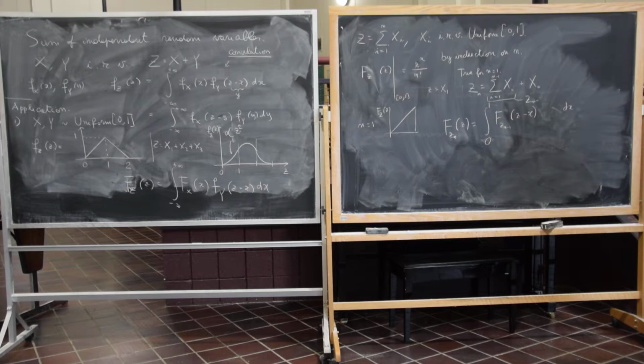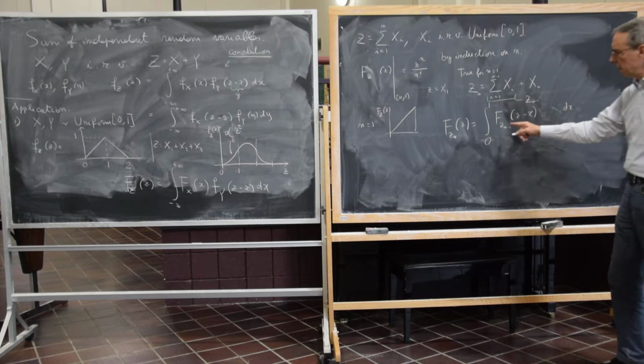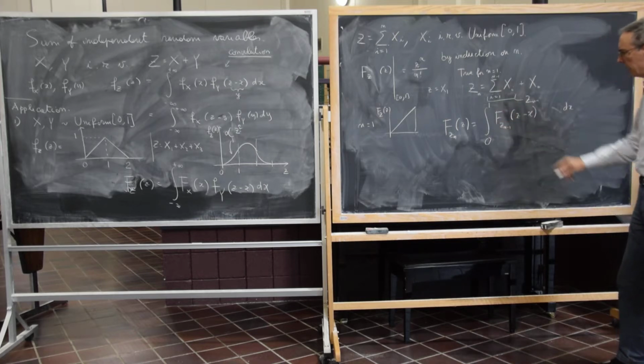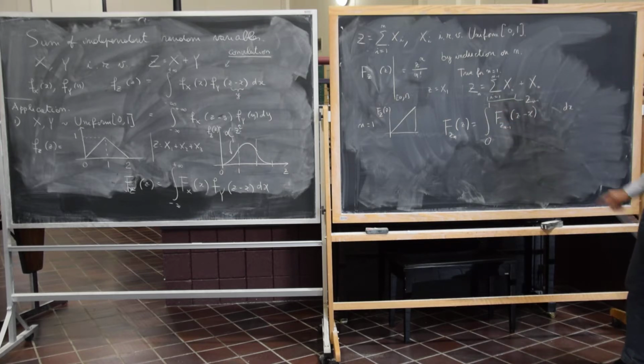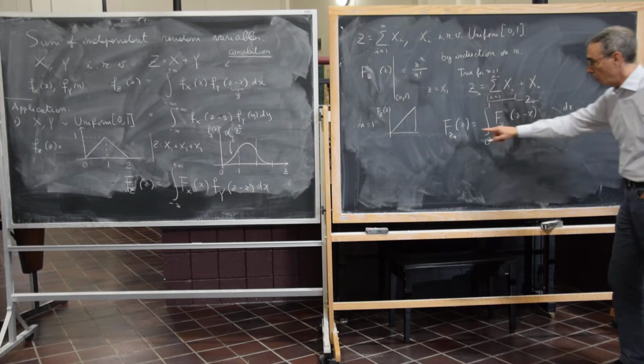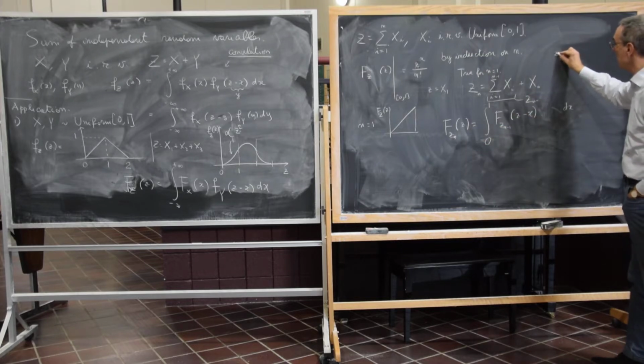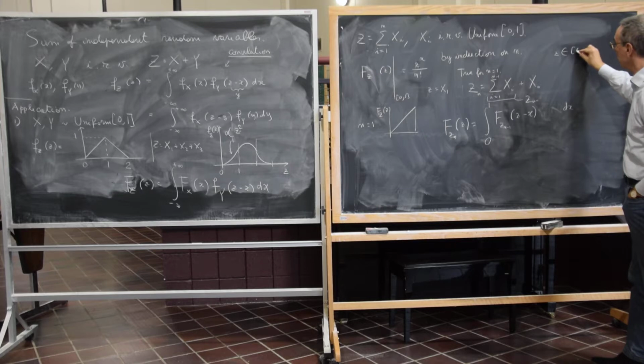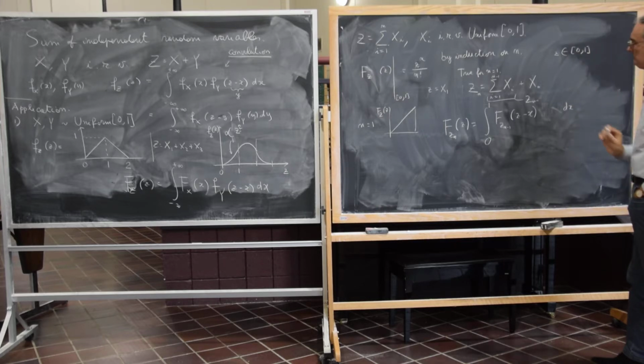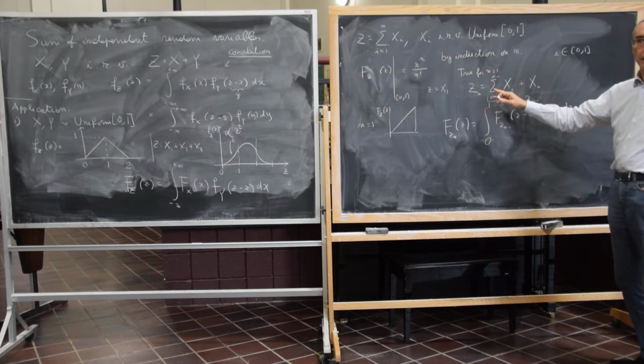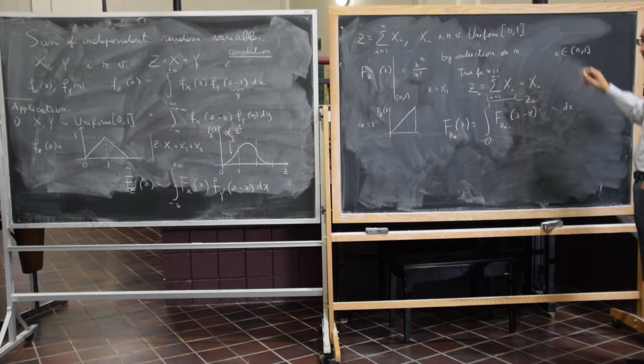And now, this quantity here is equal to, in 0, 1, we assume z belongs to 0, 1. Now, x is integrated in 0, 1, z belongs to 0, 1, so what happens?